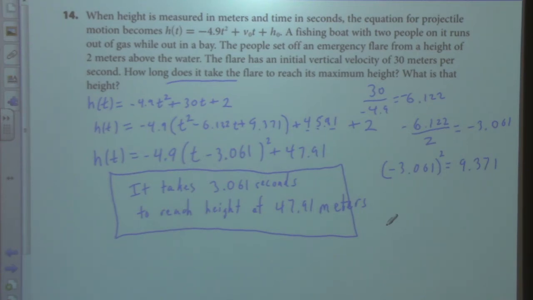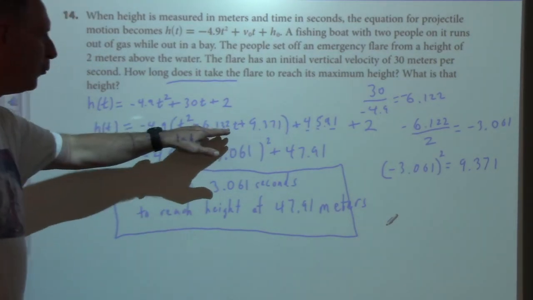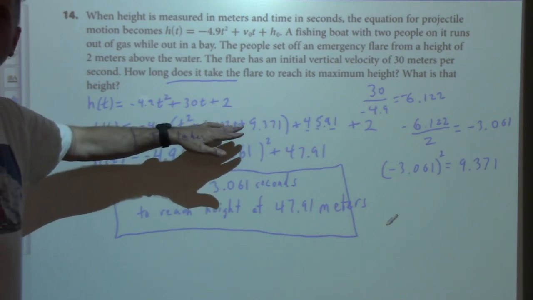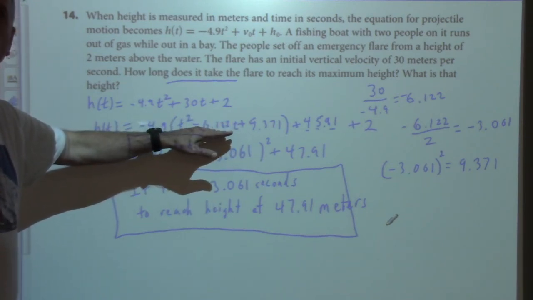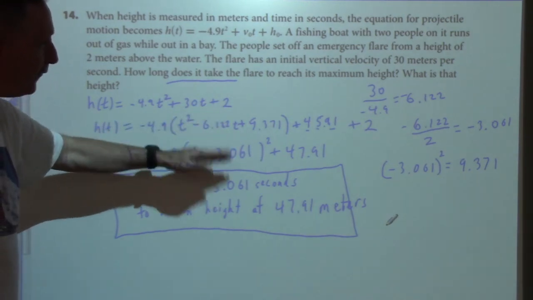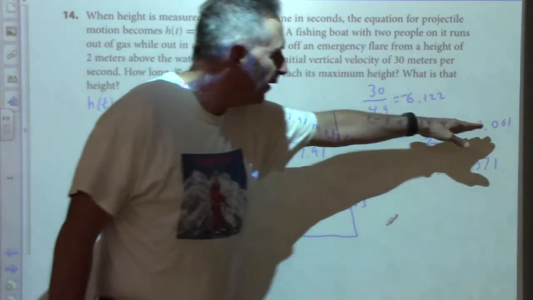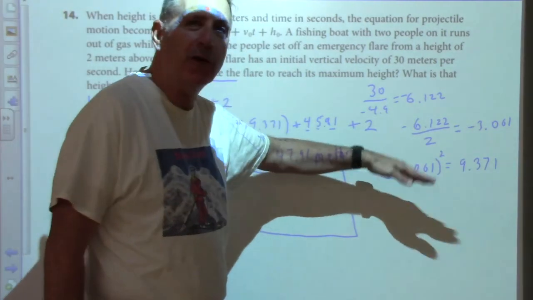One thing you have to remember is that when you're using a preliminary answer, like in this case, when you think about it, this 6.122, that's a preliminary answer, isn't it? Because what do we have to do with that? We have to take half of that to get this, and then we have to square this.